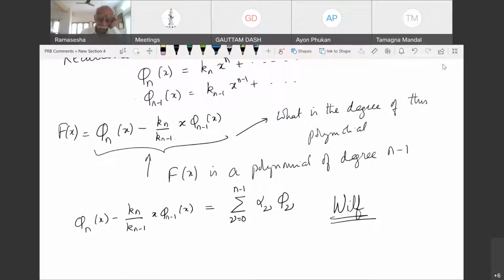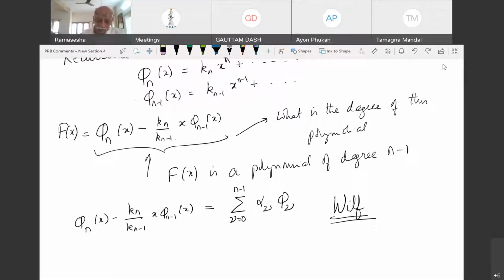p_n(x) minus k_n upon k_{n-1} x p_{n-1}(x), then this function, which is f(x), is a polynomial of degree n minus 1.